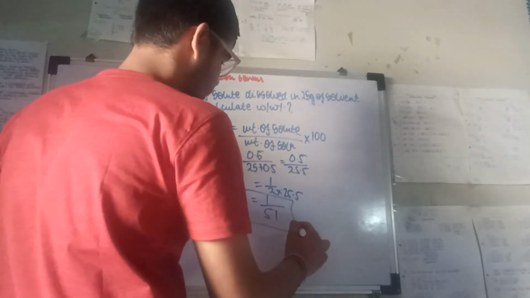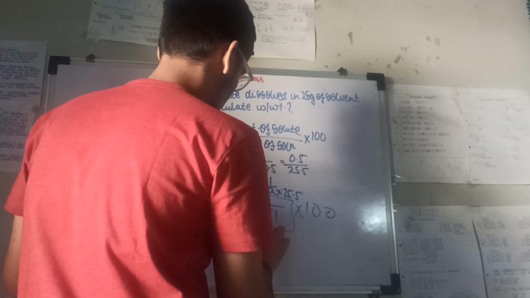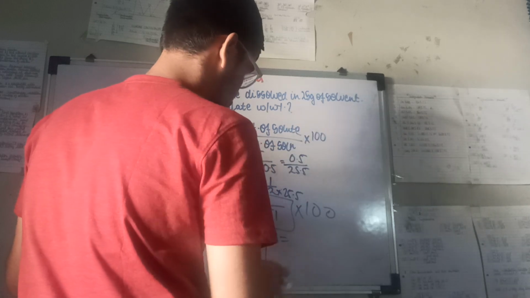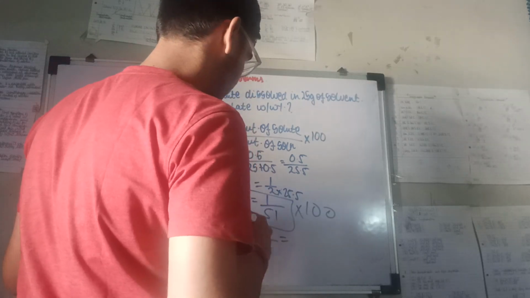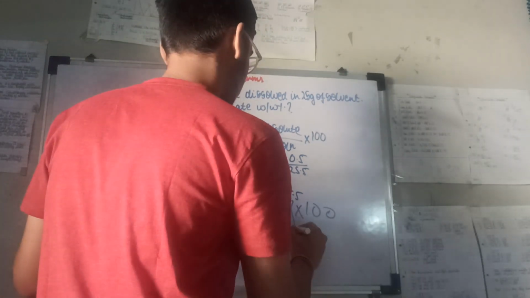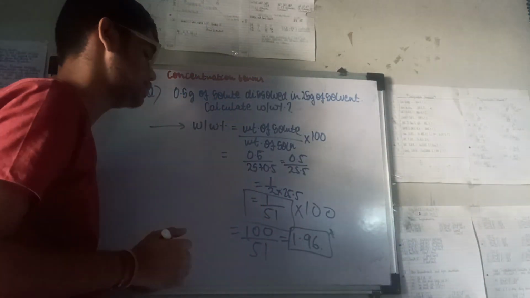1 by 51 into 100, so 100 by 51, it will come 1.96. So 1.96% is the answer.